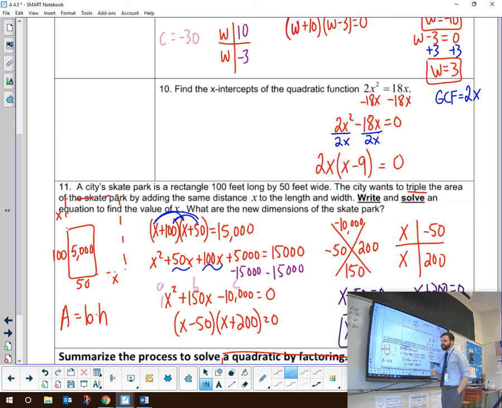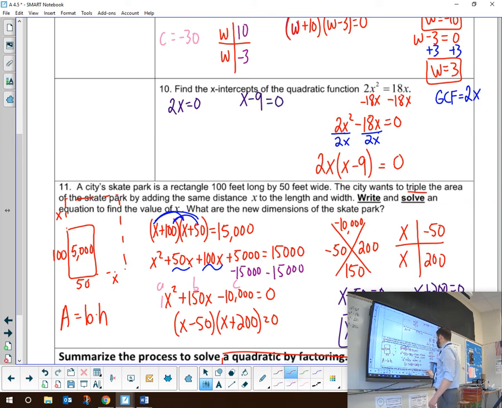Okay, we check and see if we can factor anymore, and I can't factor this one anymore. So we just take my two factors and we set them both equal to 0. Any factor that has an x in it, we set equal to 0. So 2x, that's a factor. It has an x in it. And so I'm going to set that equal to 0. 2x equals 0. And x minus 9 equals 0.